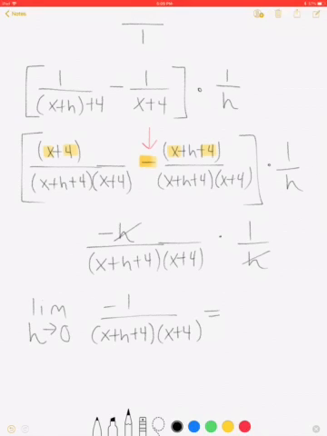So if I plug in 0 for h, I'm left with negative 1 over x plus 0 plus 4, which is x plus 4 times x plus 4, also known as x plus 4 squared. The limit of the difference quotient, also known as the derivative of the function, is negative 1 over x plus 4 squared.